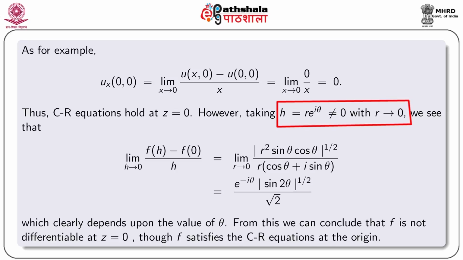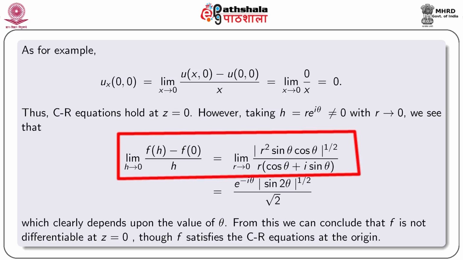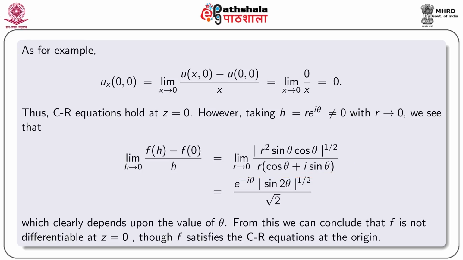However, if we take h = re^{iθ}, which is not 0, with r tending to 0, we see that the limit as h tends to 0 of (f(h) − f(0))/h is equal to the limit as r tends to 0 of |r² sinθ cosθ|^{1/2}/(r(cosθ + i sinθ)), and this gives e^{−iθ}|sin 2θ|^{1/2}/√2, which clearly depends upon the value of θ. If θ changes, then the limiting value changes.